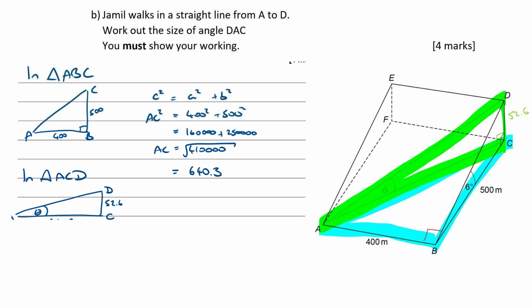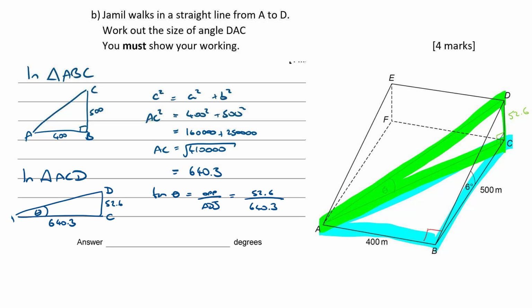Okay, so now I can work out theta. I'm going to use tan theta equals opposite over adjacent. So I've got 52.6 divided by 640.3.